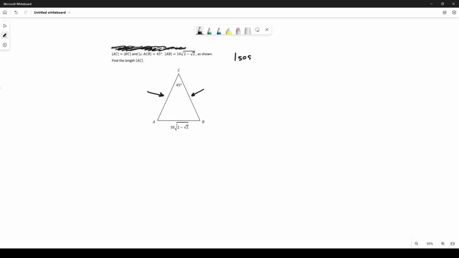Two sides are the same, but if two sides are the same, their opposite angles also are the same. So if these two sides are the same, these two angles have to match as well. Keep that in mind. That is some trickery that is involved with it.